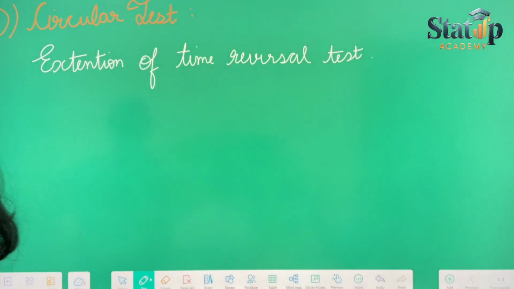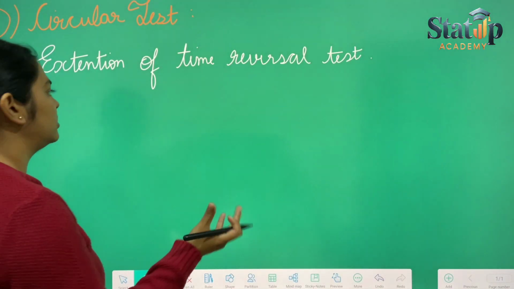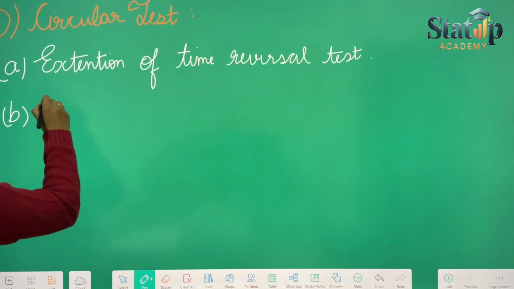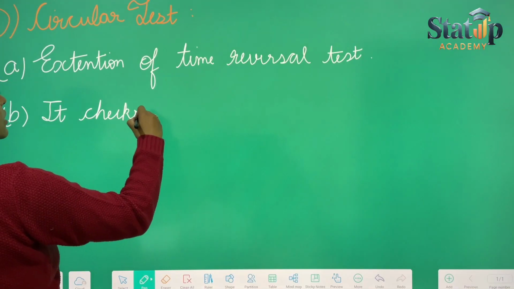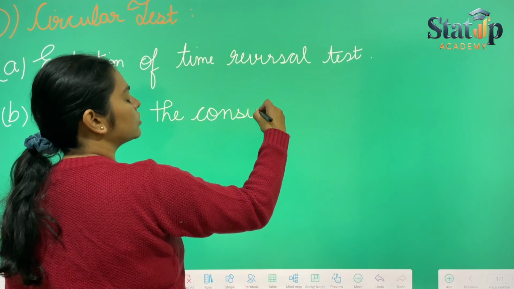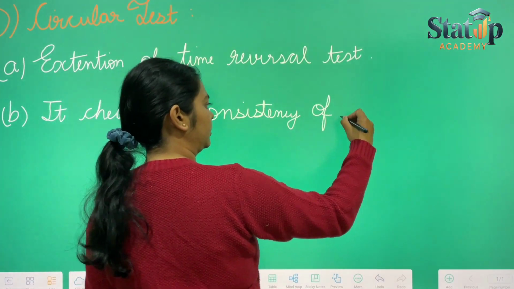How is it the extension of time reversal test? We'll do that. This test is used for, first point is this, and the second point is it checks the consistency of index numbers.